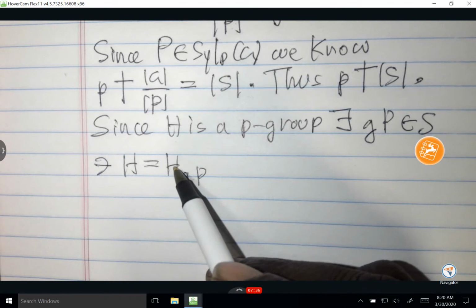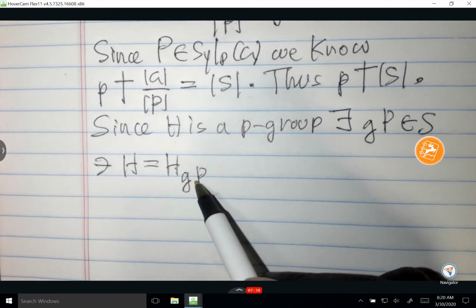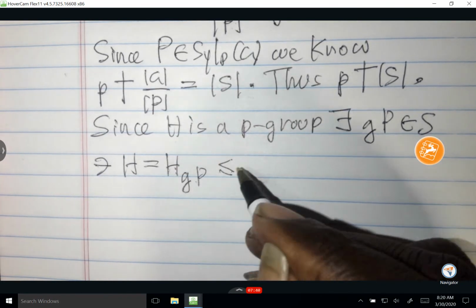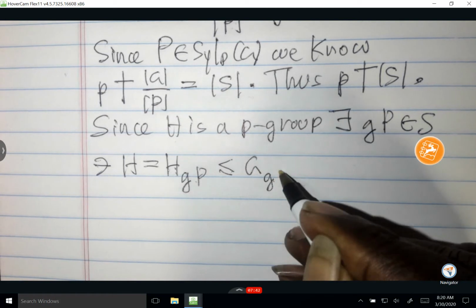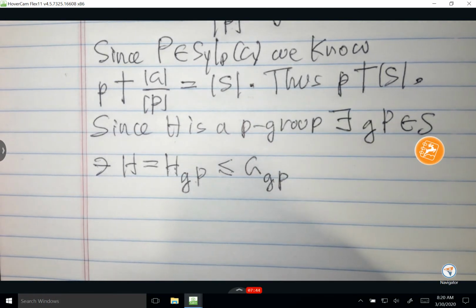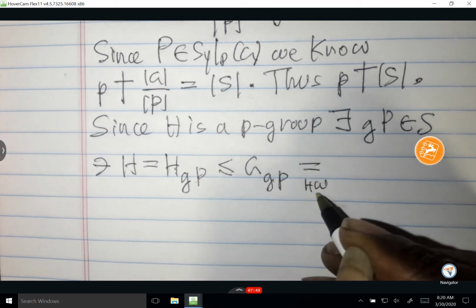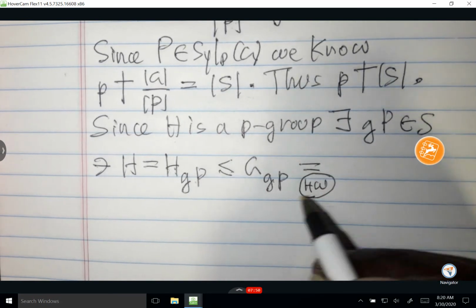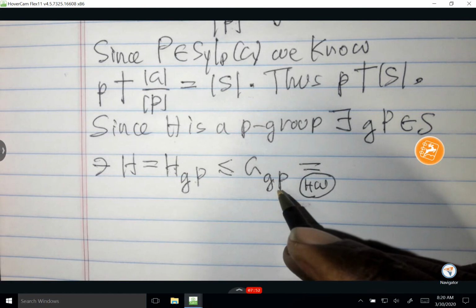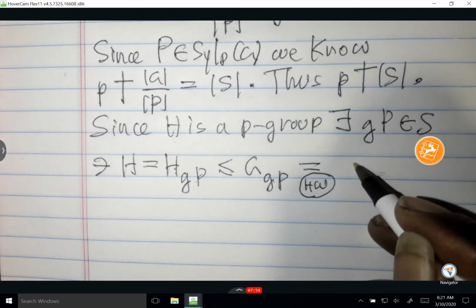But this is the things in H that fix this coset. That will be a subgroup of the things in G that fix this coset. And by a previous homework problem, you found this stabilizer already. It's P conjugated by G.